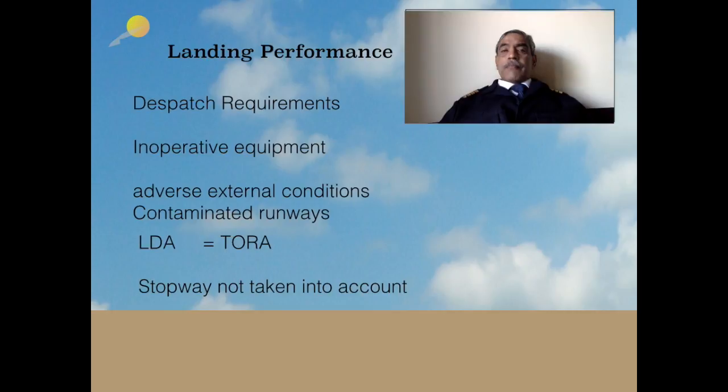Before I continue with the lesson, I just want to clarify that the landing distance available is the same as the takeoff run available. That is, the stopway is not taken into account while calculating the required landing distances for all landing performance.